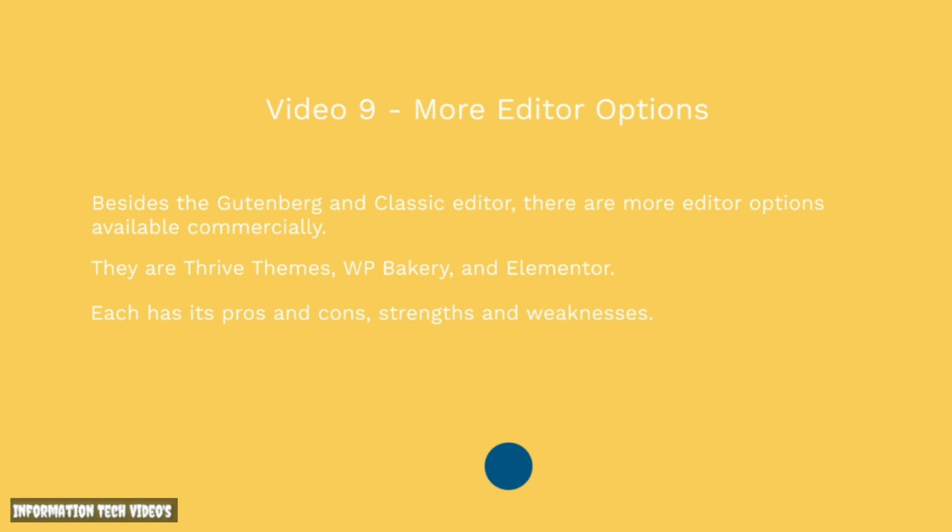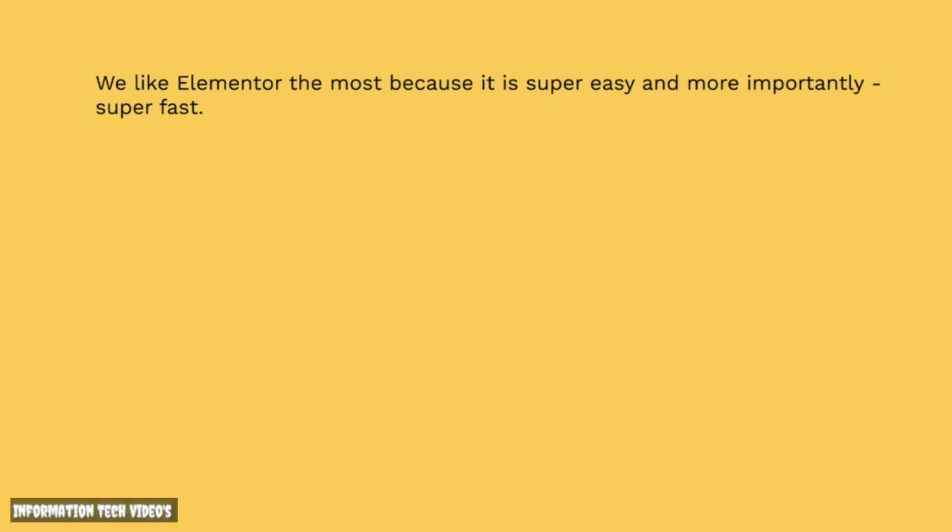So you saw Gutenberg. Most of these are very similar to Gutenberg and they utilize blocks, but they just look a lot nicer and they have a lot more options. So that's really the main difference. So we like Elementor the most because it's super easy and more importantly, super fast. One thing to note is that as you begin to add more plugins to your WordPress site, it will actually slow things down.